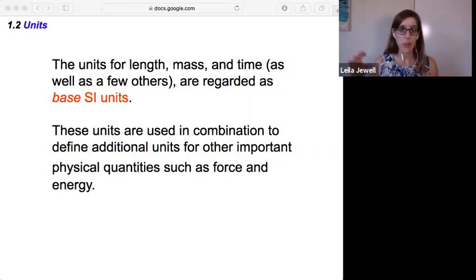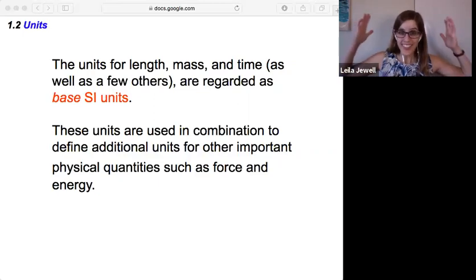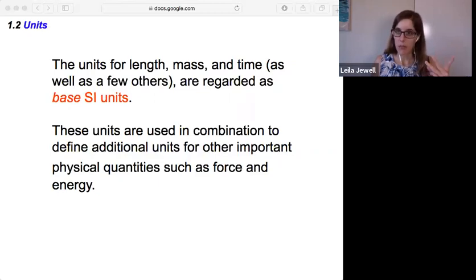So we'll be able to combine the units to define force, to define energy. We'll mash those units together and we'll get a new unit called joule, my favorite unit. But it just goes back to kilograms, meters, and seconds. So mass, length, and time. So yeah, those are our standards.